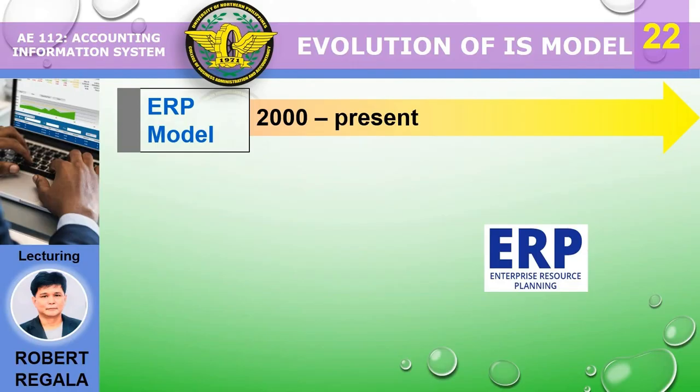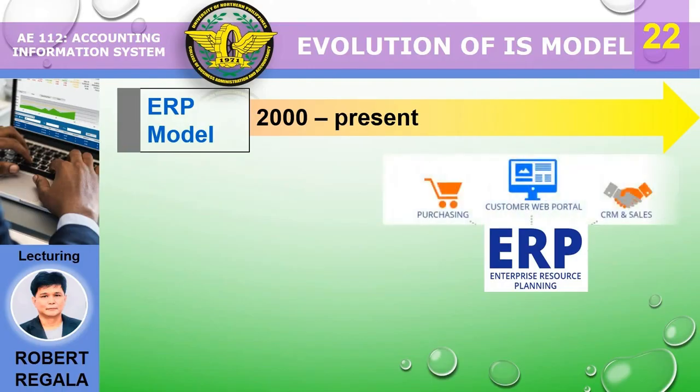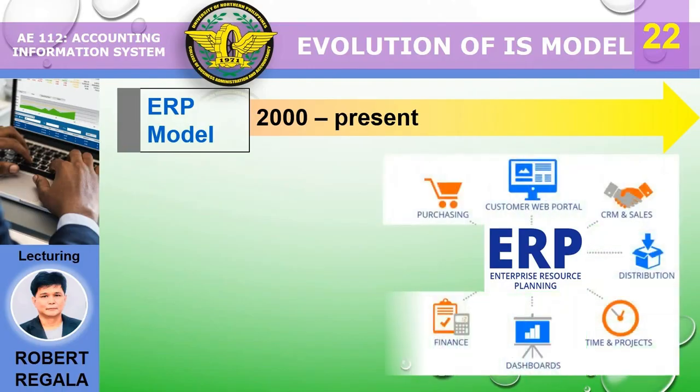In ERP, a system such as Accounting Information System is built as a module integrated into a suite of applications that can include manufacturing, supply chain, human resources, and a lot more. These modules are integrated together and are able to access the same data and execute complex business processes.